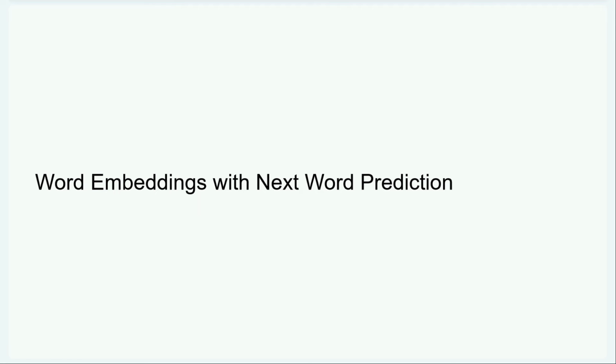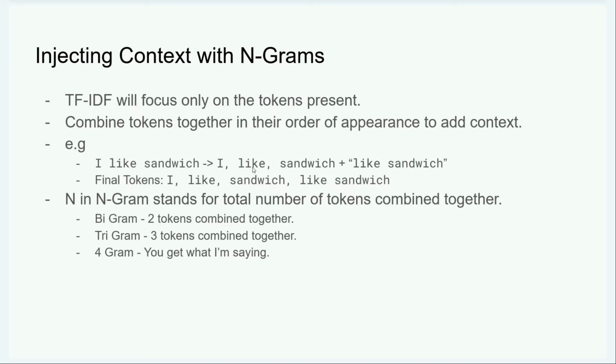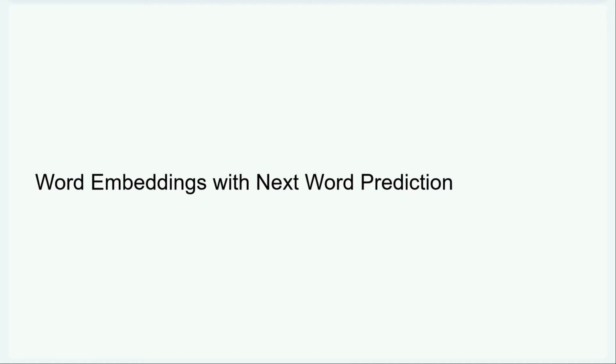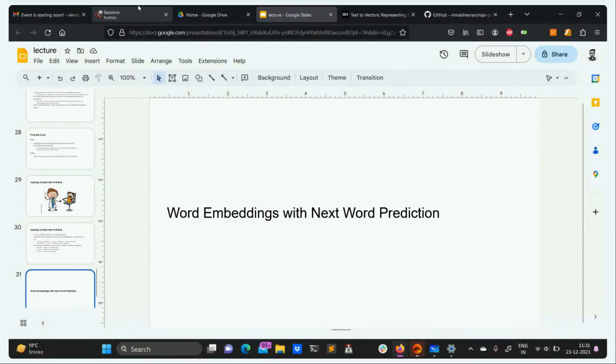Now, the idea with word embedding is, instead of representing my entire sentence as a vector, maybe I can represent each word as a vector, and then to represent a sentence, I can combine these vectors together. Okay, so everything is clear up until now?